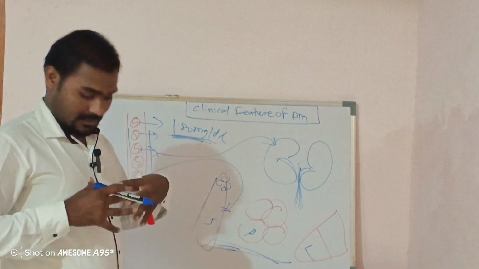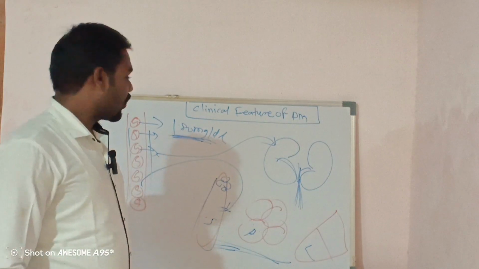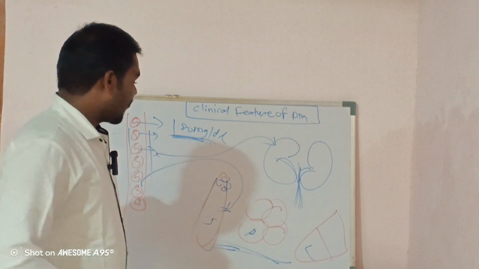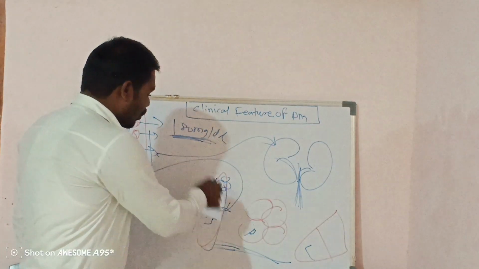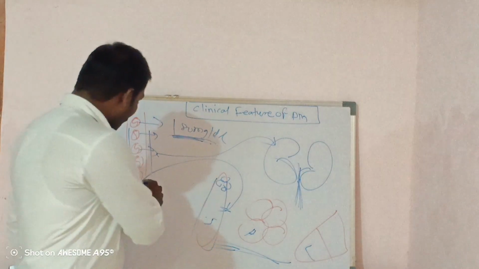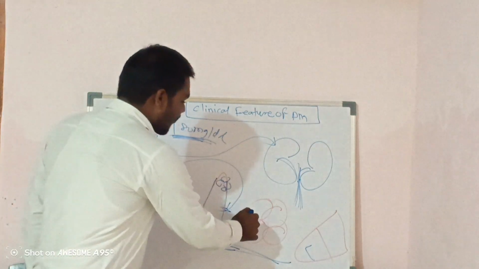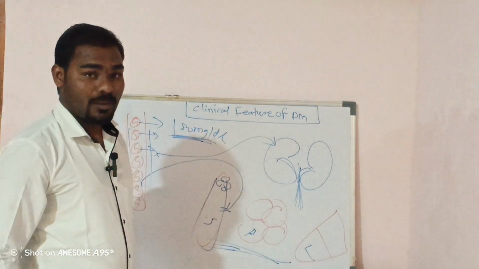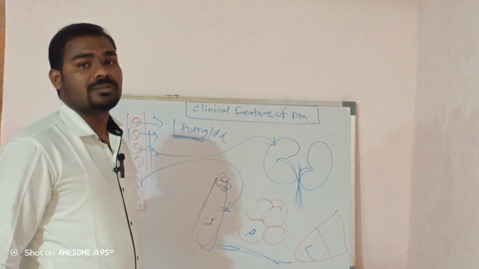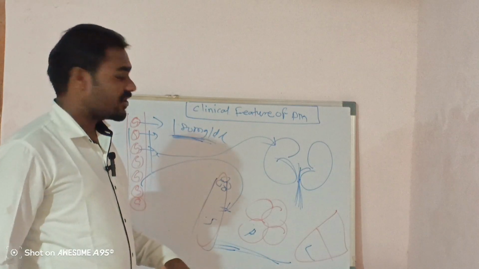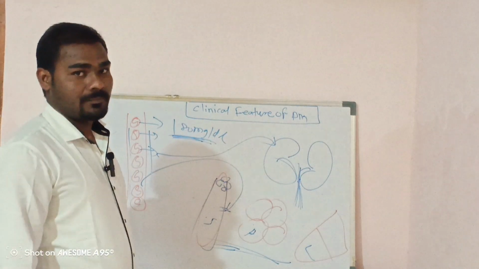Then excess fat gets accumulated over the body, and this is how our body forms. But there is no insulin, there is no glucose for energy production. So these target organs utilize the protein for energy production.